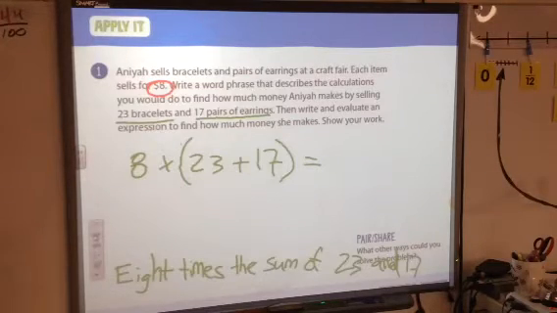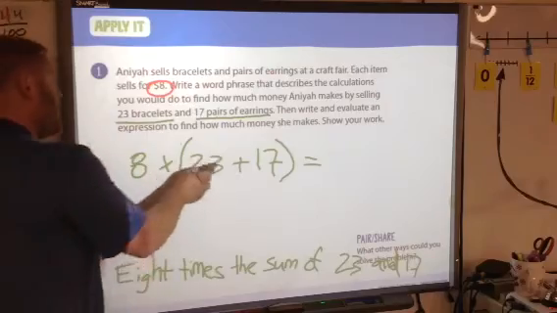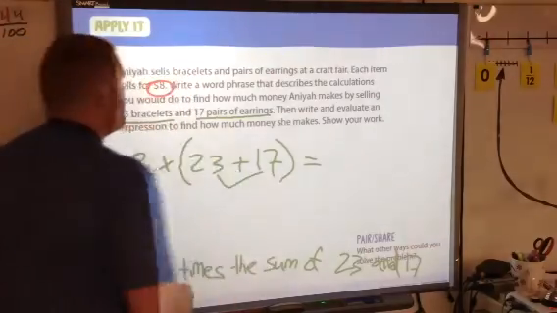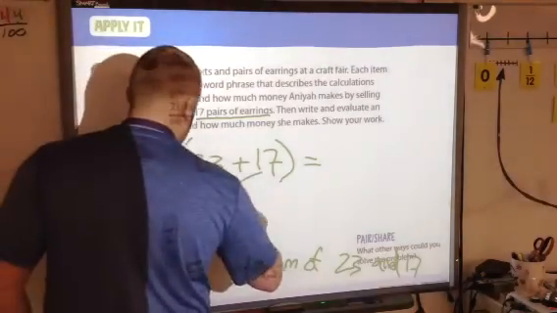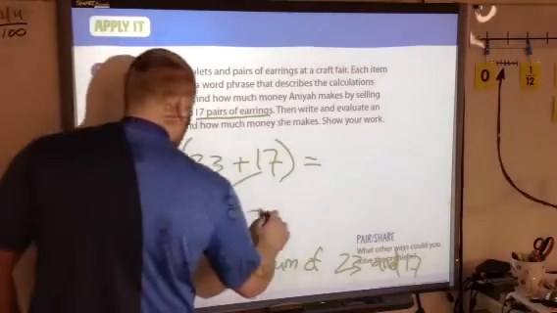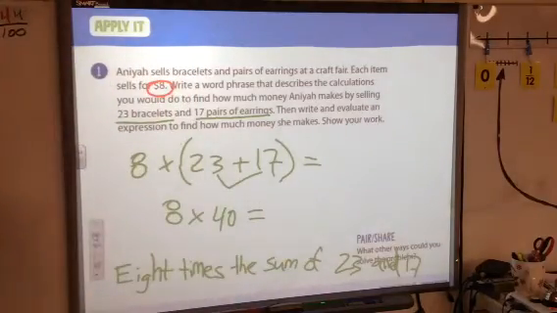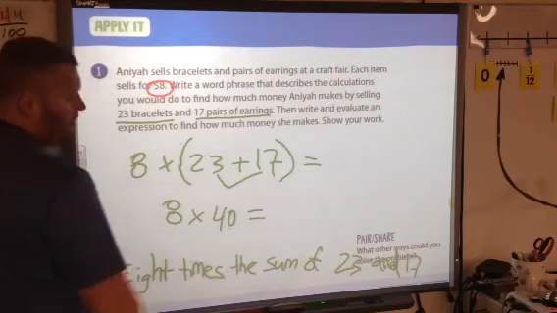Awesome, guys. Alright, so now we do have to solve it, though, it says. So, let's solve. Alright, so I know I have to do whatever's in parentheses first. 23 plus 17 equals 40. One step at a time, I end up with 8 times 40. Ooh, that goes back to a skill we practiced at the very beginning of the year. Remember base 10 models? I hope so. I see that this is 0, right?